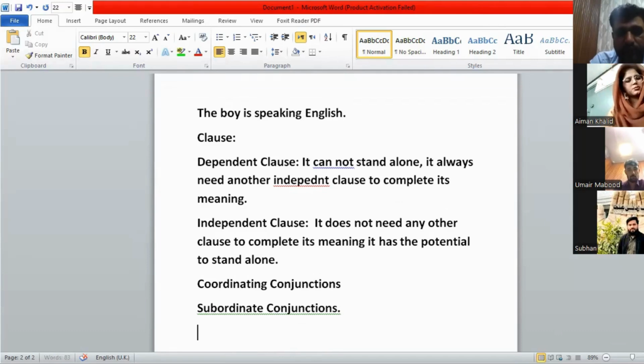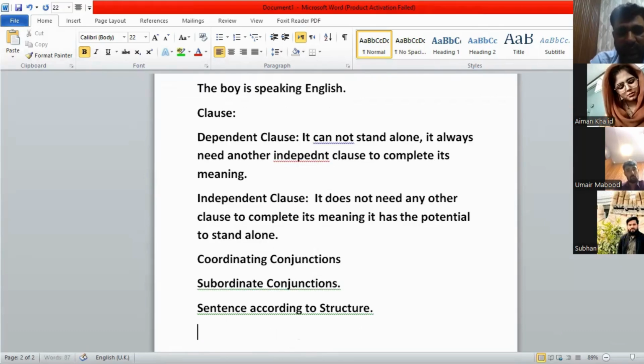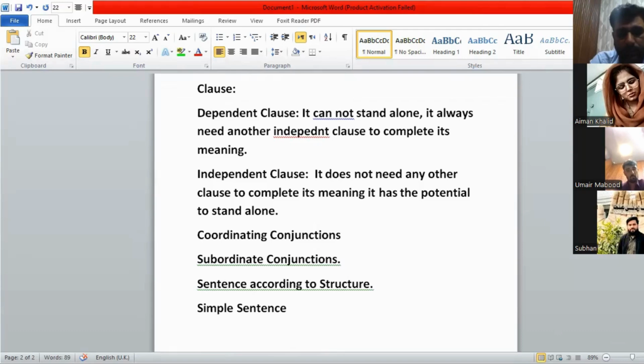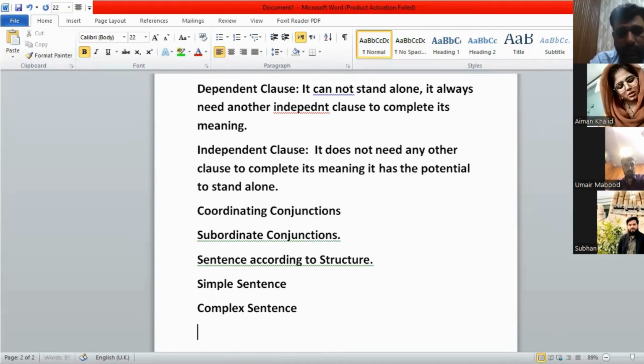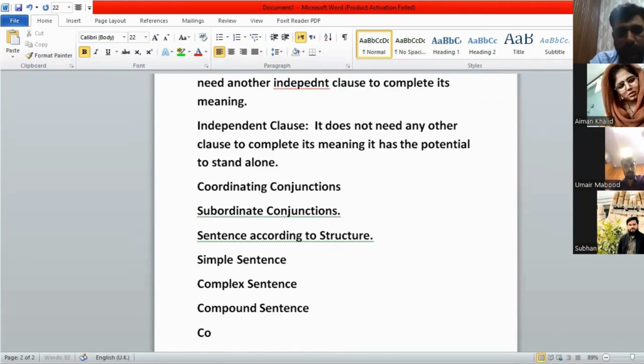Apart from that, students are taught to classify sentences according to meaning and structure, like simple sentence, complex sentence, compound sentence, and compound-complex sentence.